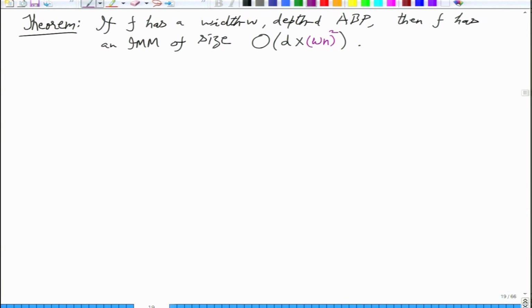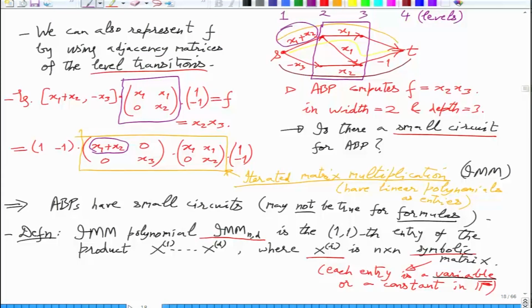So it's just this simple transformation. So any width W, depth D ABP also has an IMM representation. So matrix multiplication of size D times Wn square. The matrices are Wn cross Wn. That's it. So this is Wn. What was the notation?